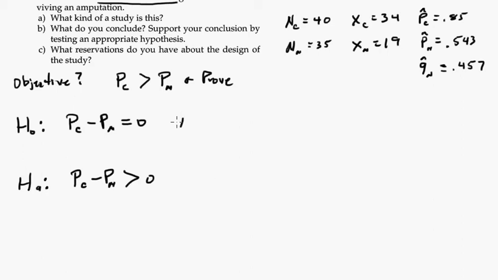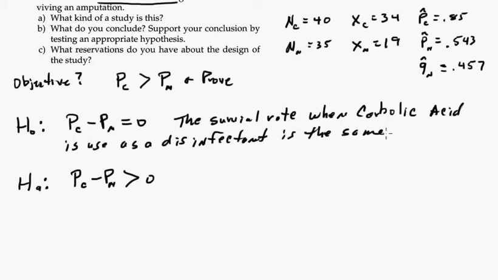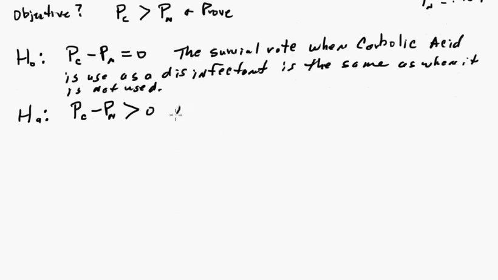Okay, so we would write something like the survival rate when carbolic acid is used as a disinfectant is the same as when it is not used. Something like that.